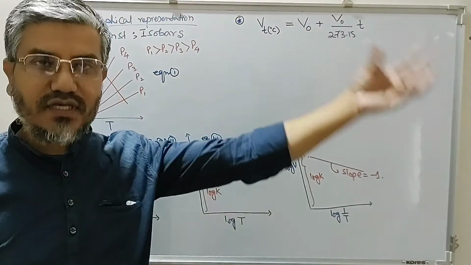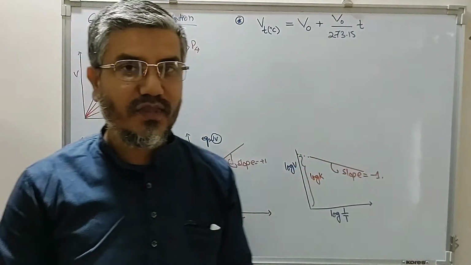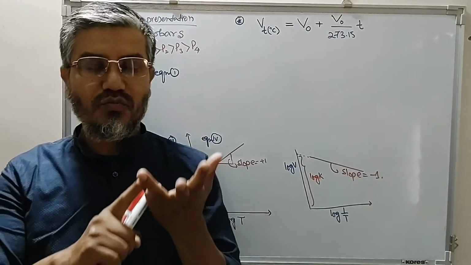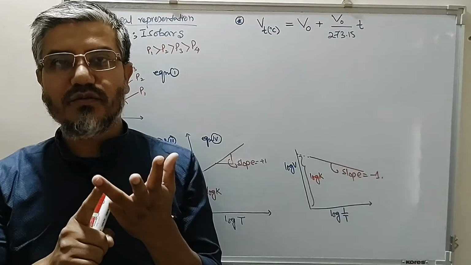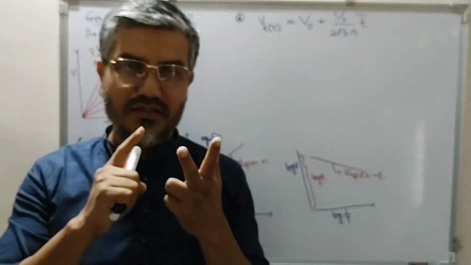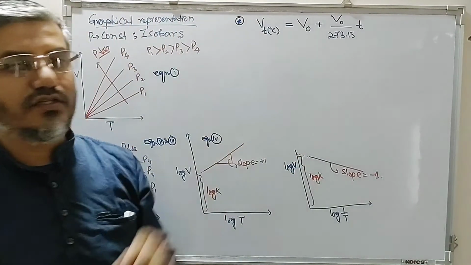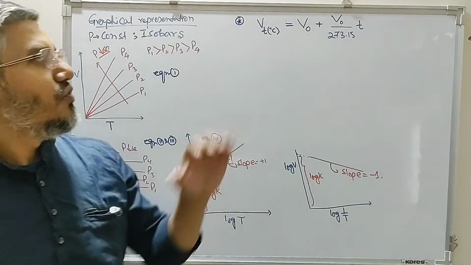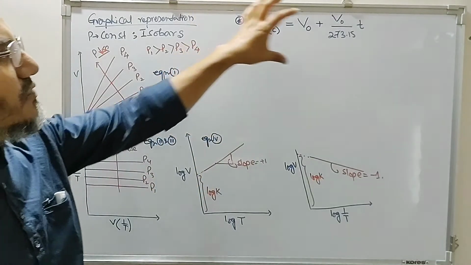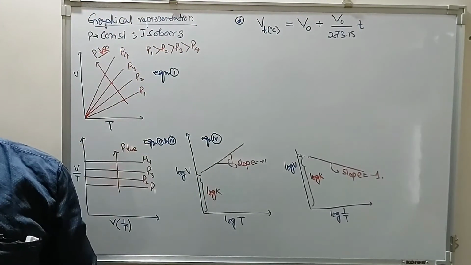If the Kelvin temperature is 0, then the volume is 0. So the volume at 0 Kelvin is always 0, while at 0 degree centigrade it is some finite value, V naught. These two equations are identical.